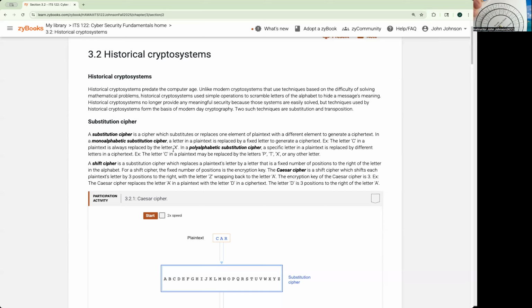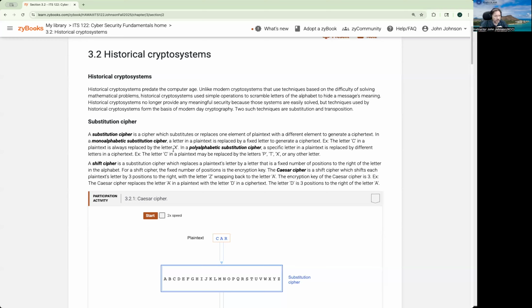So A is shifted over three to line up with the D. So overall this is called a shift cipher, but this specific one is called the Caesar cipher. The Caesar cipher was a shift of three over. But the cipher itself is going to be the shift that you have in there. So that's one of the earlier examples.